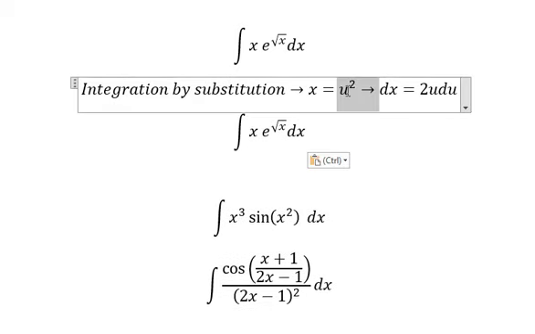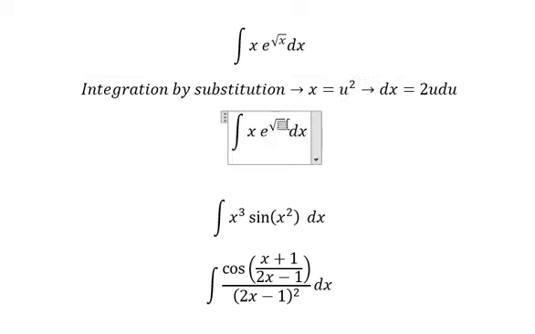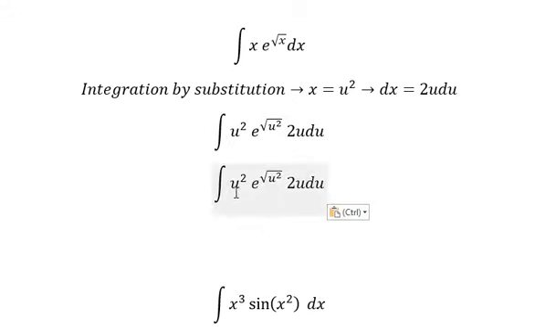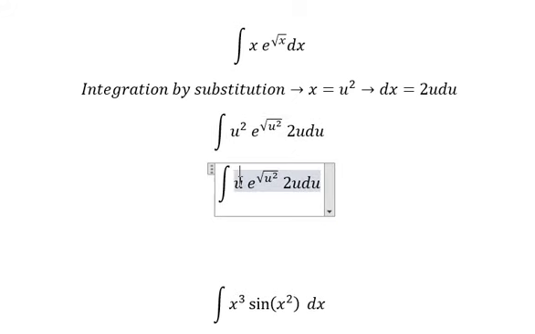So we put u squared in here. S we change for u squared, and ds we change for this one. U and u squared, you get u to the power of 3, and I will put number 2 in here. This one you get u.